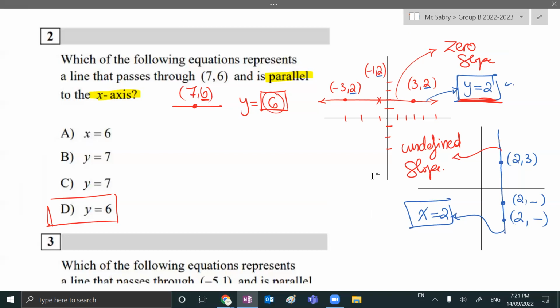And if it's up, it's positive. Yes, that's completely right. But I want to add one more thing to make it even clearer. How do we know whether it's going up or down? Which direction are we moving? Are we moving from left to right or from right to left? Should we read the graph from left to right or right to left?